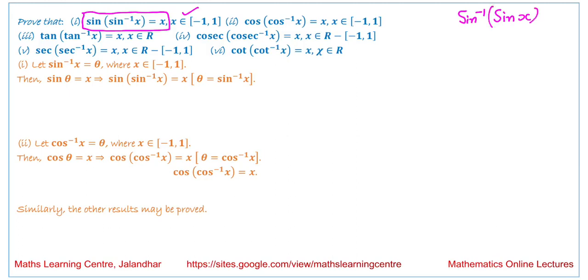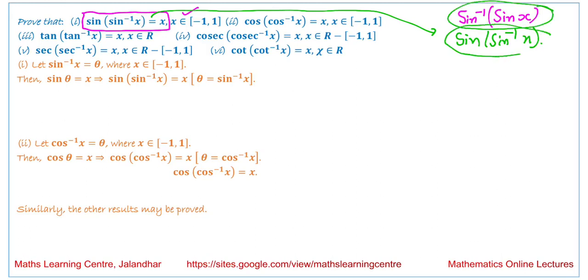In this case, we are talking about sine of sine inverse of x. So these are two different problems we are solving. You must note this thing, that we are talking about two different problems. First, in the previous case we were talking about sine inverse of sine x. Now we are talking about sine of sine inverse of x. These are two different functions.